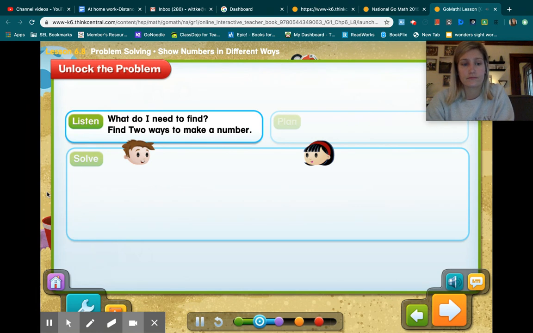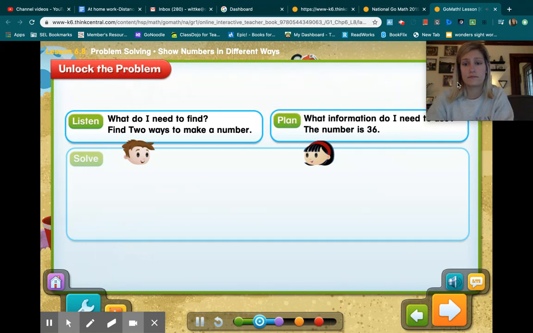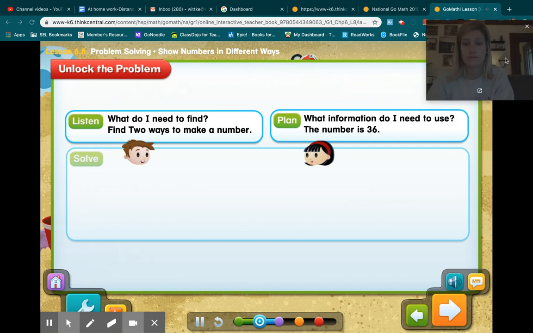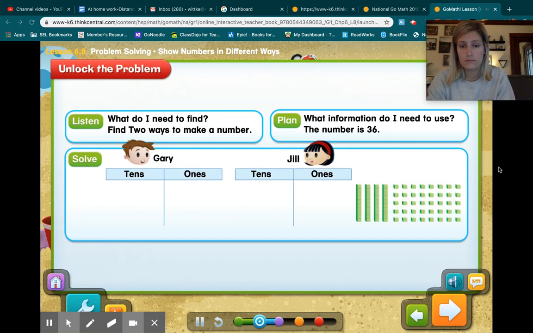2 different ways to make a number. What is your plan? So we want to find 2 different ways to make the same number. Let's figure out our plan. You can start with the information you need to use. The number of stickers you need is 36. Now let's solve this problem. Use base 10 blocks to show 36 stickers 2 different ways.